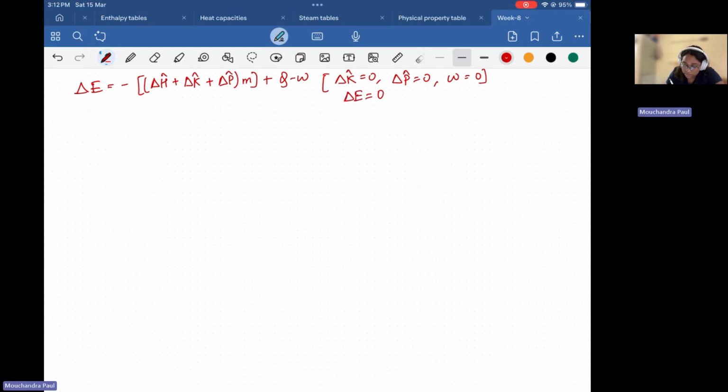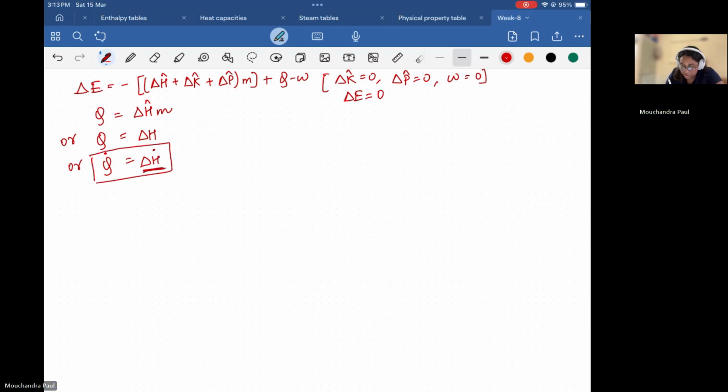This means Q is equal to delta H, or in terms of flow rate, Q dot is equal to delta H dot. This means if we can find out the change in enthalpy, it can tell us the amount of heat required.